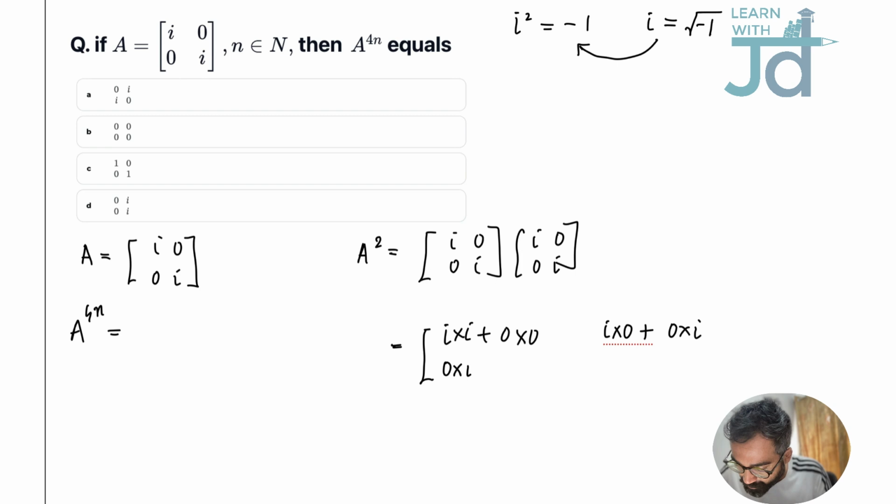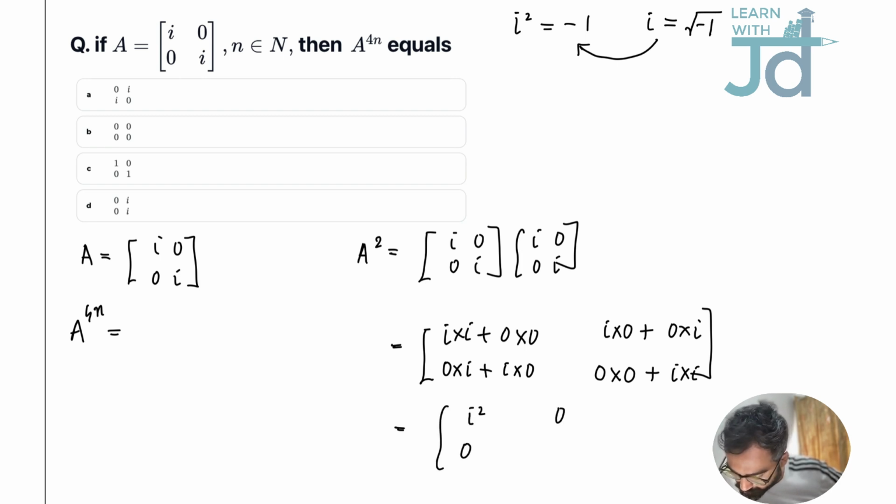So 0 into i plus i into 0. And the second row will get multiplied with the second column to get the second A22 element. So 0 into 0 plus i into i. So you know this is i square, this is 0, this is 0, this is i square.